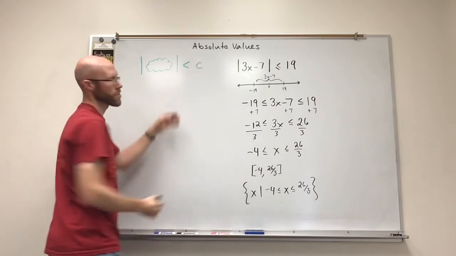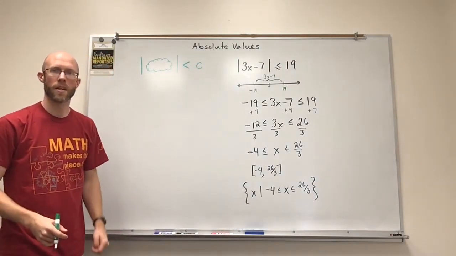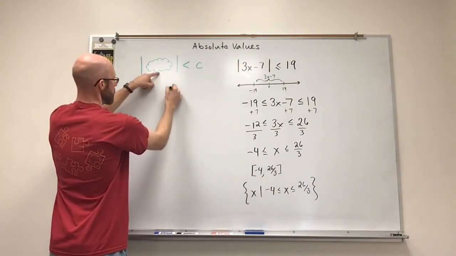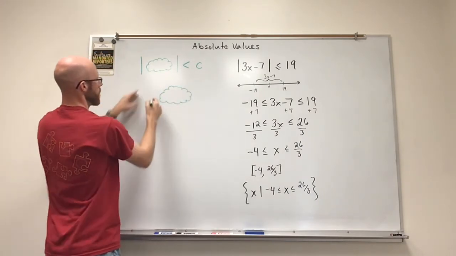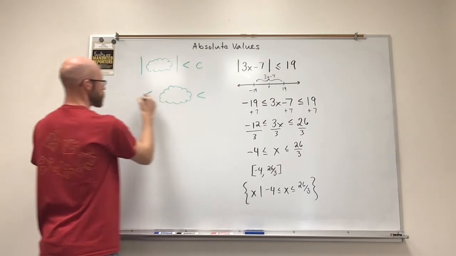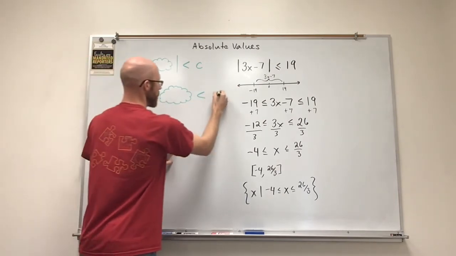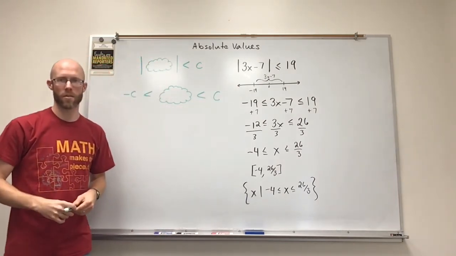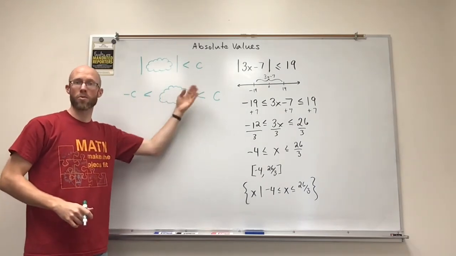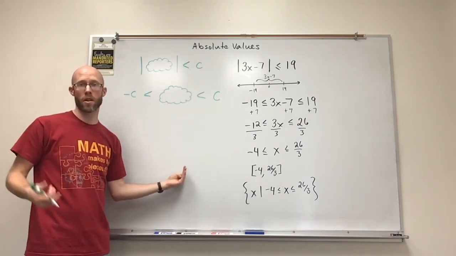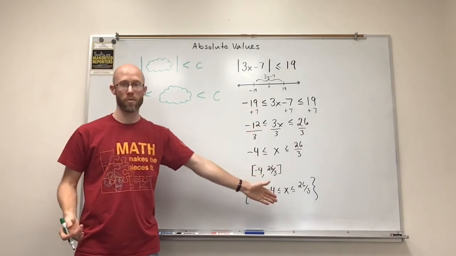I'm going to call it C for a constant. Then that stuff must be in between negative C and positive C. Okay? Must be in between those two. And then from that point, you can solve. It's a 3-part inequality, so you solve it just like we would over here.